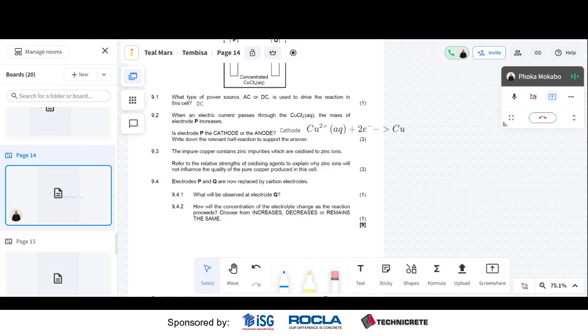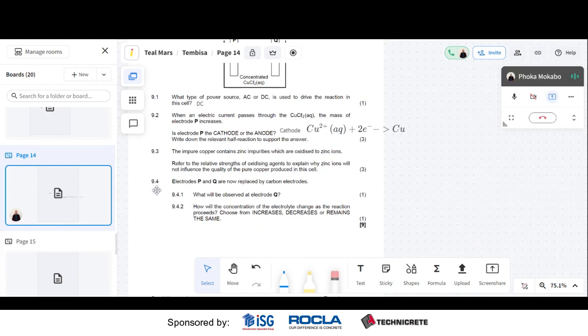Very simply, the copper ions are a stronger oxidizing agent than the zinc ions, and so therefore the zinc ions will not be reduced to zinc, and instead the copper ions will be reduced to copper.